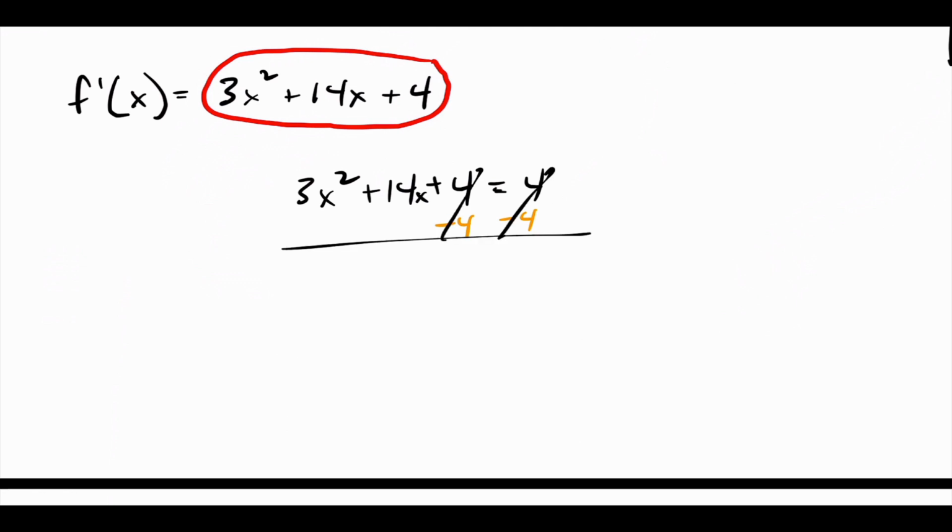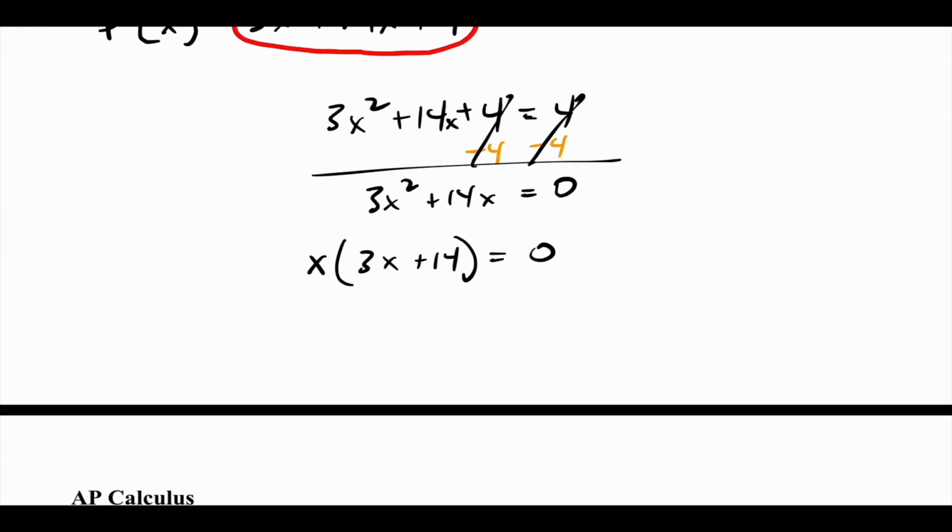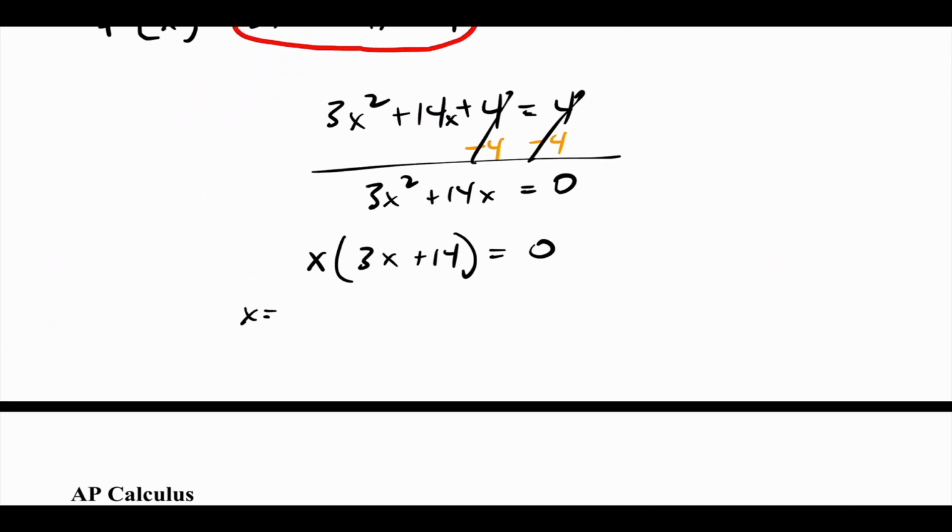So you get 3x squared plus 14x equals 0. It's a binomial, so you can factor out a GCF. The GCF is just regular x. So x times 3x plus 14. Set x equal to 0.